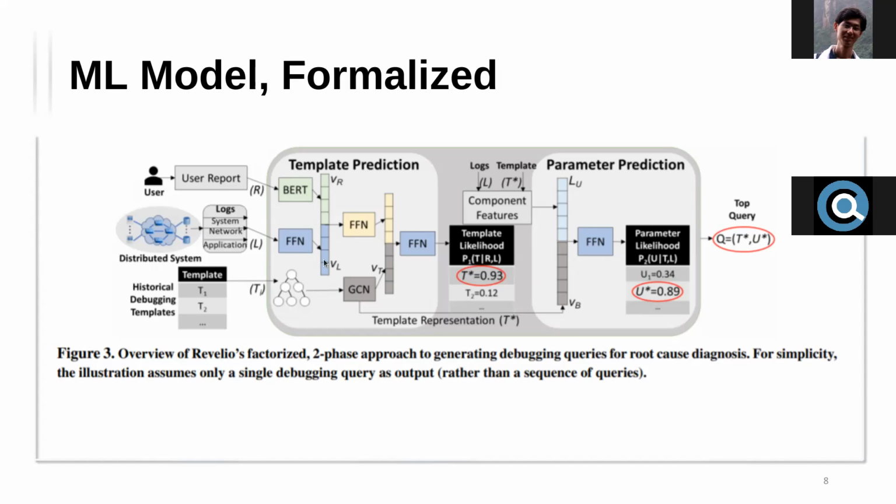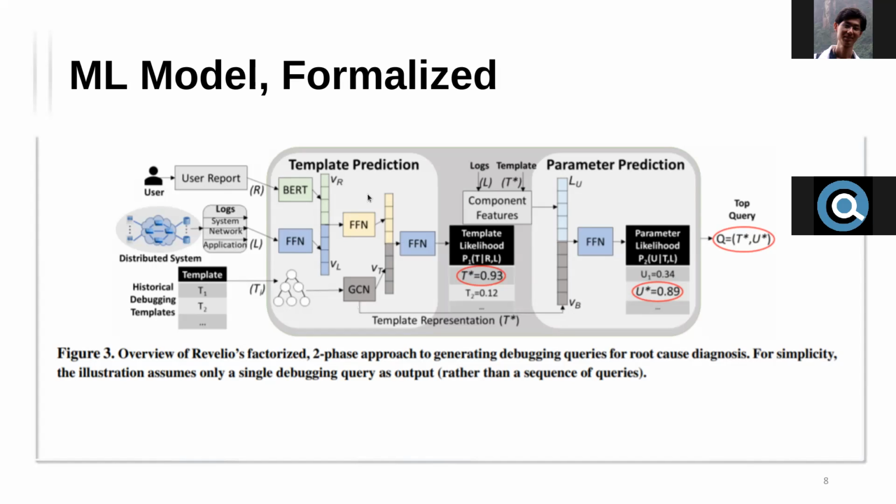So these two forms are turned into another vector that encapsulates the user report and the system state together. The template is transformed into an abstract syntax tree form, and this is passed into the graph convolutional network to once again generate a vector form, and then it creates a template likelihood.